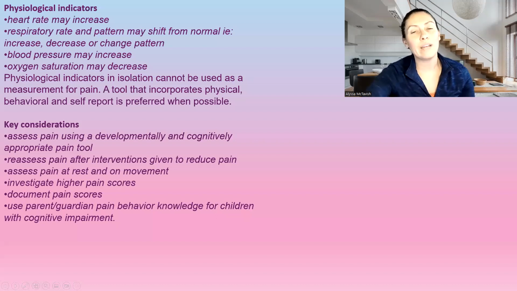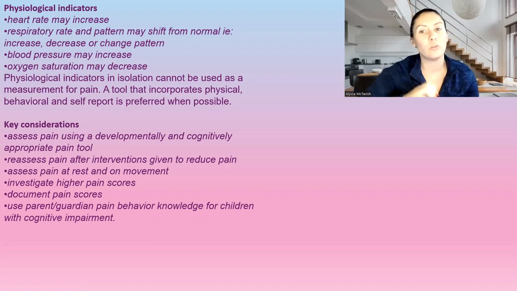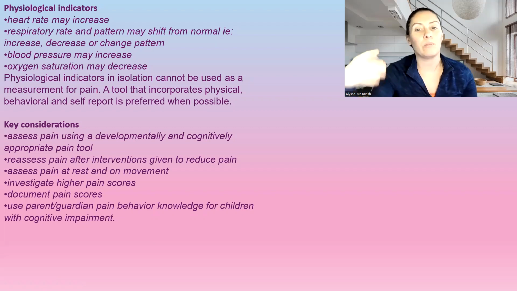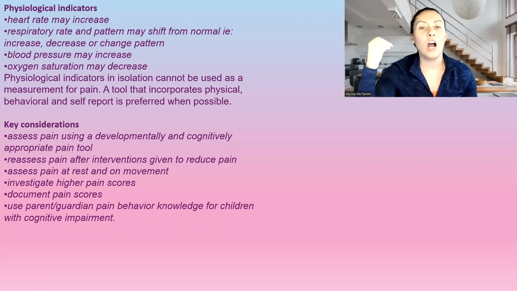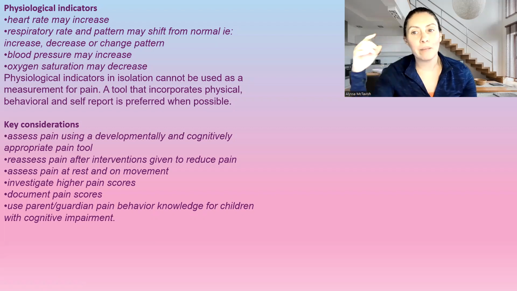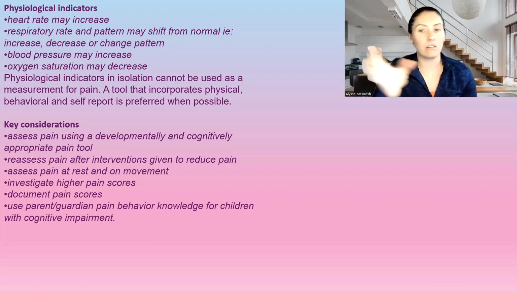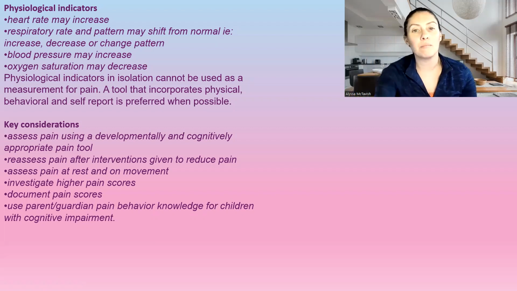Okay, so we do have physiological indicators. Now, these cannot be used just by themselves to measure pain, but they do help incorporate and assess the pain. Okay, so heart rate can increase, respiratory rate, their pattern may shift from normal to increase, decrease. It can change patterns. It might be all over the place. Okay.